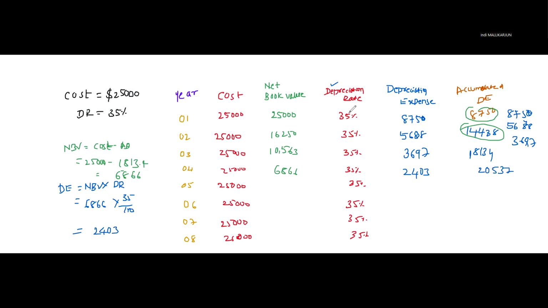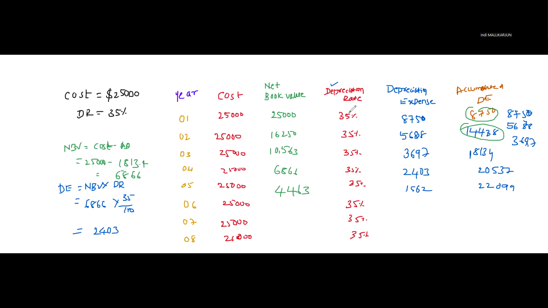Like that for the fifth year, this becomes 4463, and the depreciation expense becomes 1562. This accumulated depreciation becomes 22,099 rupees.